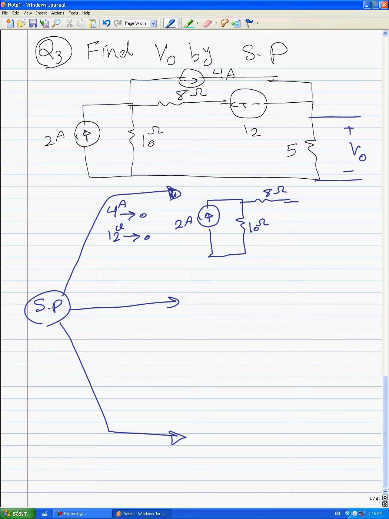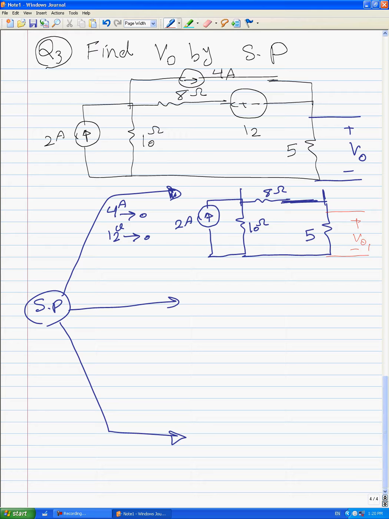For this 12 we should use a short circuit instead of this 12, and here we have 5, and for 4 amps we should put an open circuit instead of 4 amps. And also we define the output voltage in this part as Vout1. This is the first part of the superposition technique.